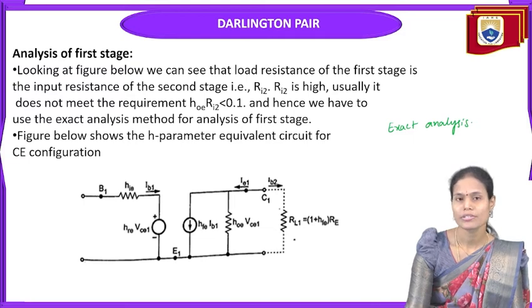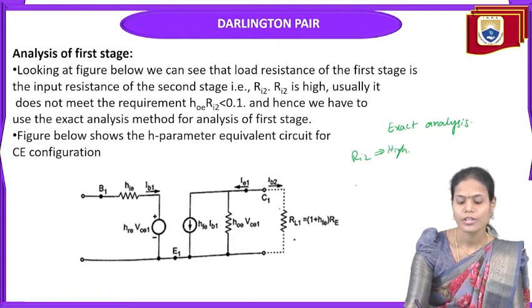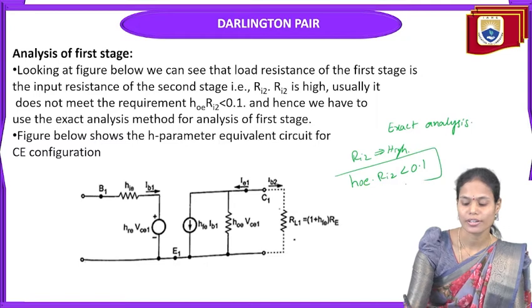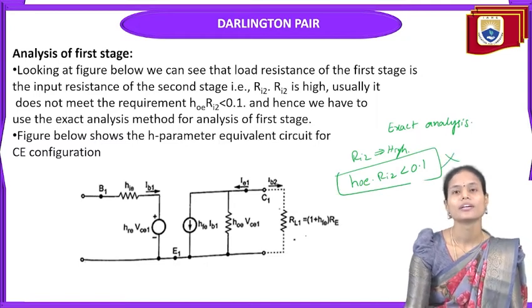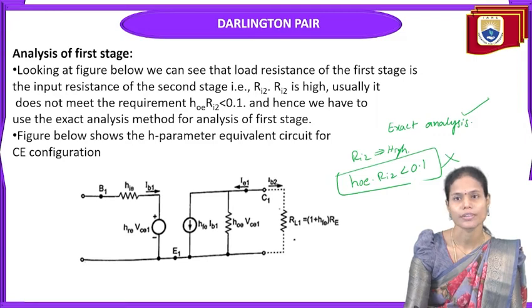The input impedance of the second stage, RI2, is a very high value. So if we multiply HOE into RI2, it should not satisfy the approximation condition. That's why we are going for the exact analysis instead of the approximate analysis.